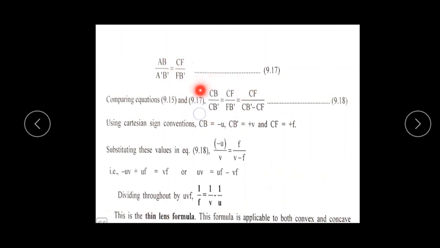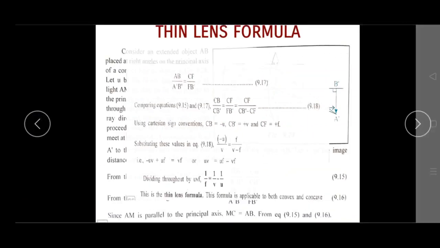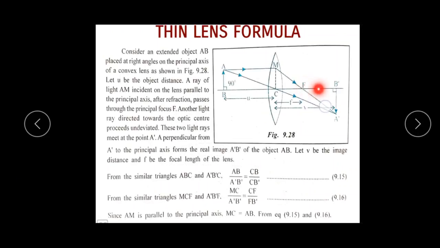So now these two are equal. CF we keep as it is. FB dash value we don't know, but we know the value of CB dash, that is V. CF value we know, that is F, but we don't know the value of FB dash.